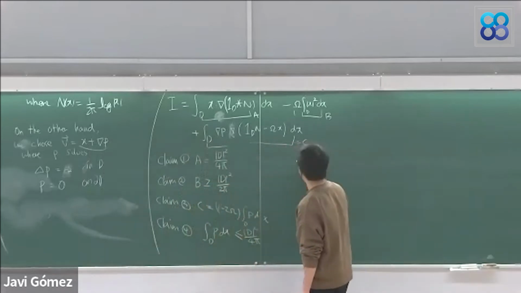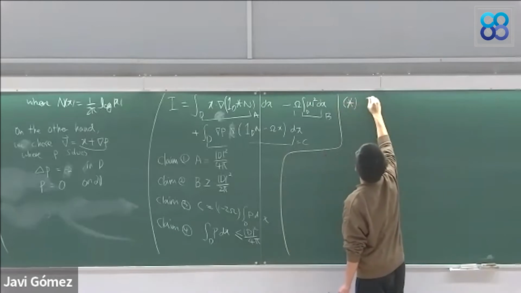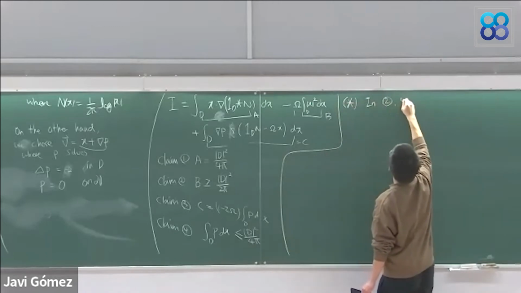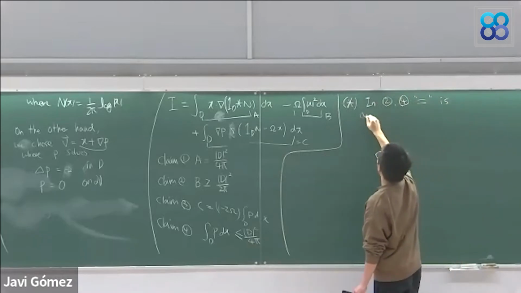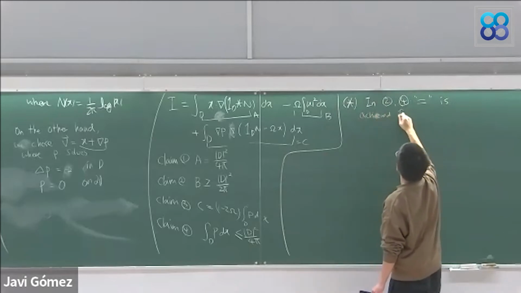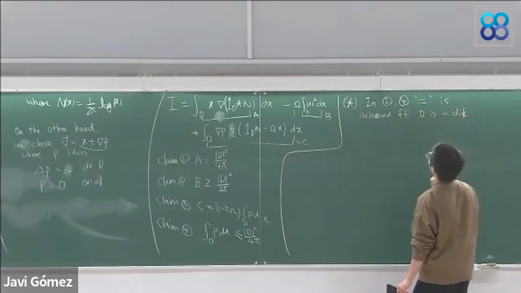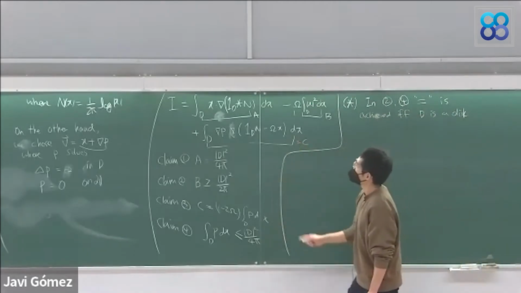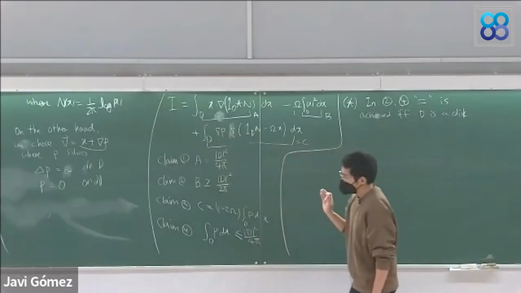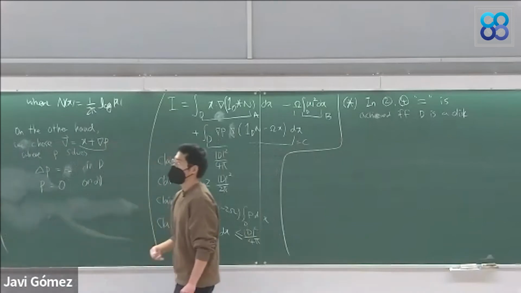And here, also in claims 2 and 4, equality is achieved if and only if the patch is a disk. So once we have these 4 claims, then we can show that I can be 0 only if the patches are disks. So we already have I is 0, so that gives that.